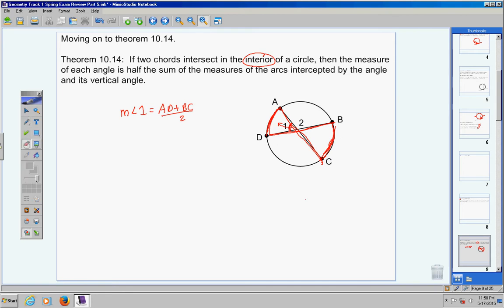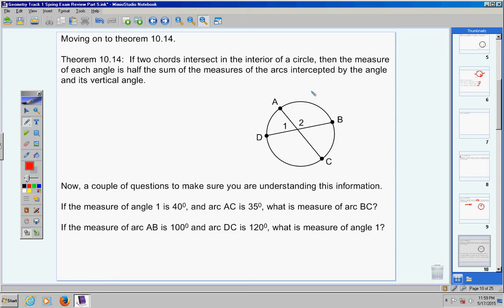And by the way, that's also true for the other angle right here. Angle 2, the measure of angle 2 would be, you would take this arc here, the arc that's facing AB, then go straight across arc DC, add those two arcs together, divide by 2, and you would have the measure of angle 2.